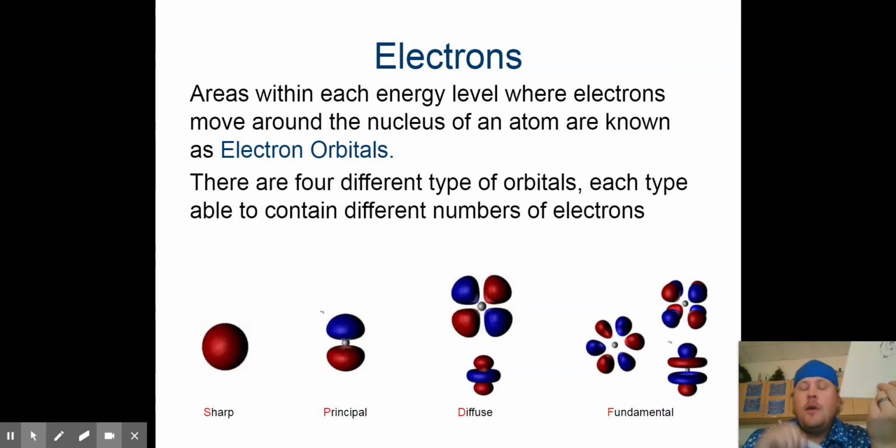Okay. In our case, there are 4 different types of orbitals. So I do want you to write all of this down. Each type can contain a different number of electrons. The only thing that I want you to write down is the letters that each one starts with. There's an S type, there is a P type, there is a D type, and an F type.